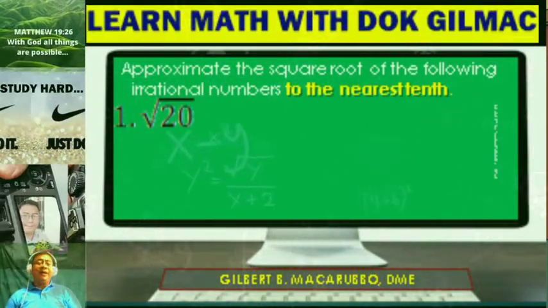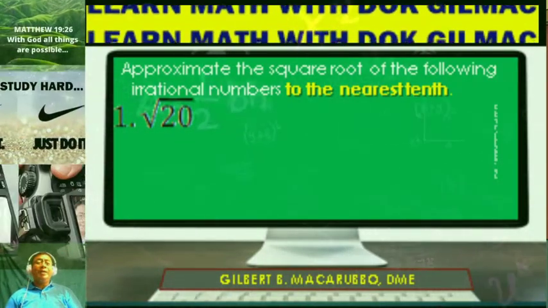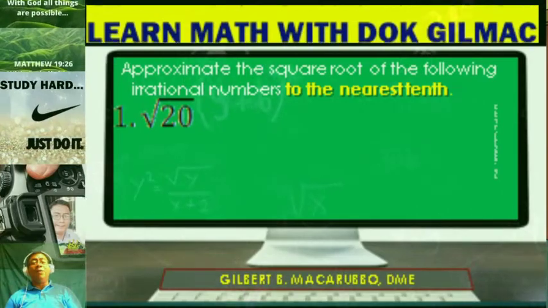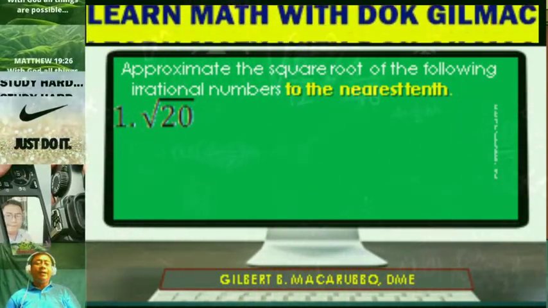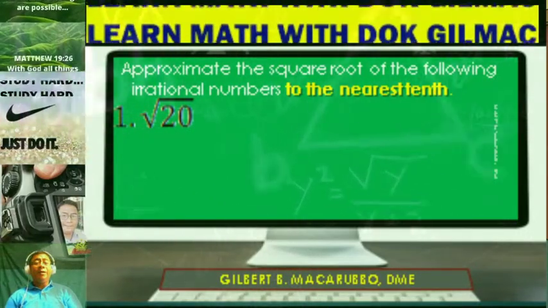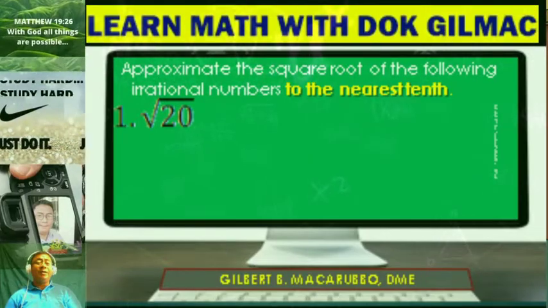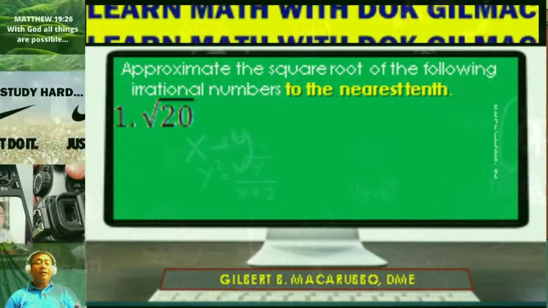Now let's have an illustrative example. Approximate the square root of the following irrational numbers to the nearest tenth. The first thing you have to do here is to determine what two numbers the square root of 20 is between.